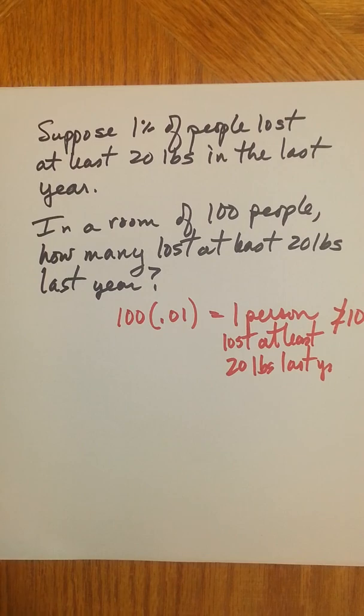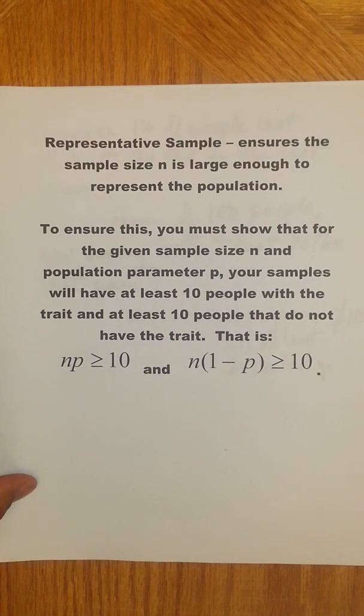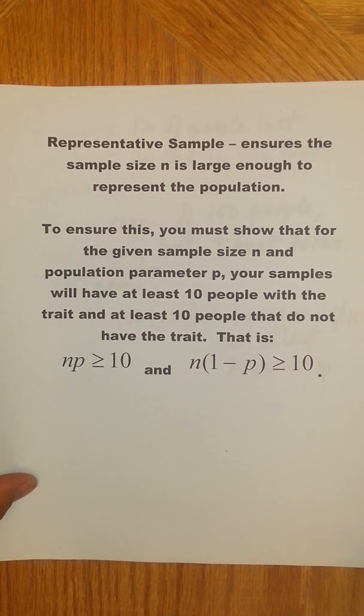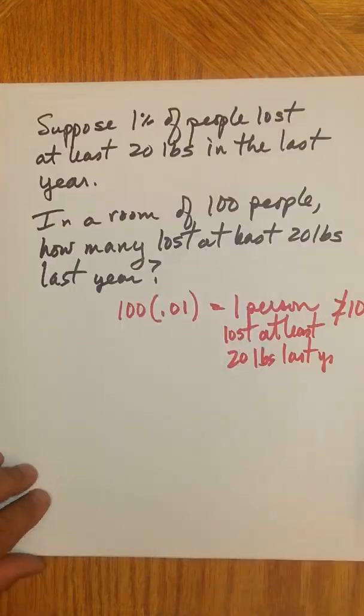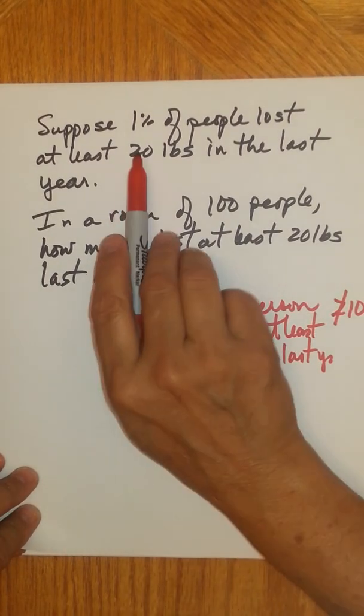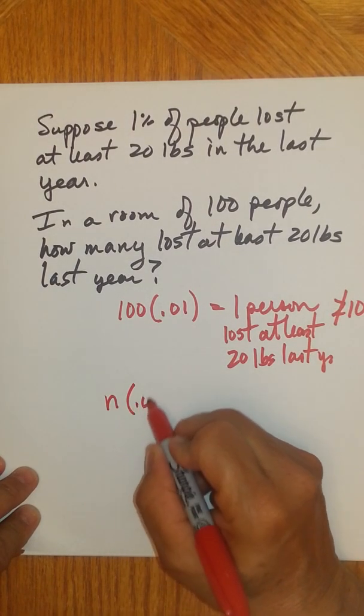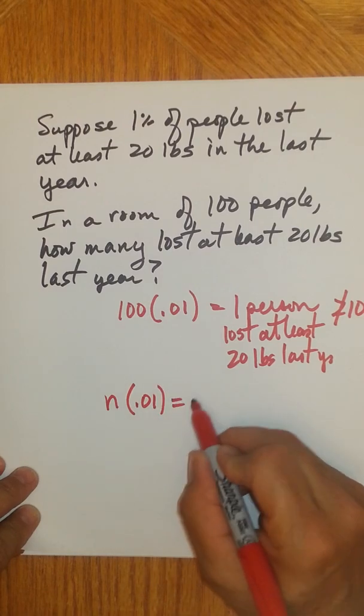So it may seem to you that 10 doesn't seem like a very large number to have to see in your samples, but look at the balancing that happened. If I wanted to see how big my sample size would have to be at 1% so that I'd have at least 10, you'd ask what my sample size would have to be so that 1% of my sample would yield 10.